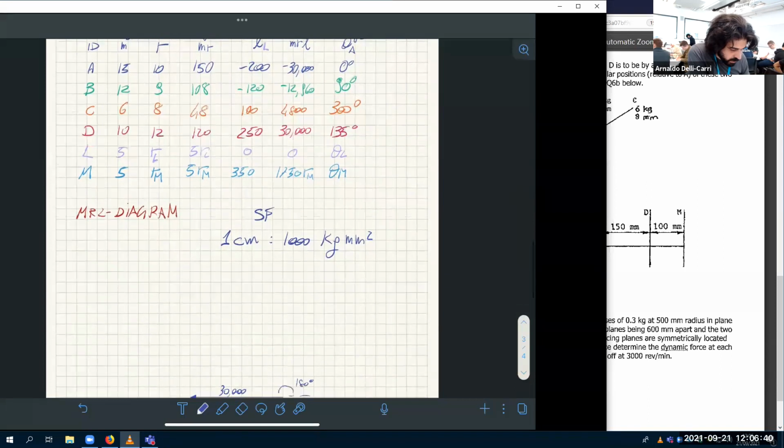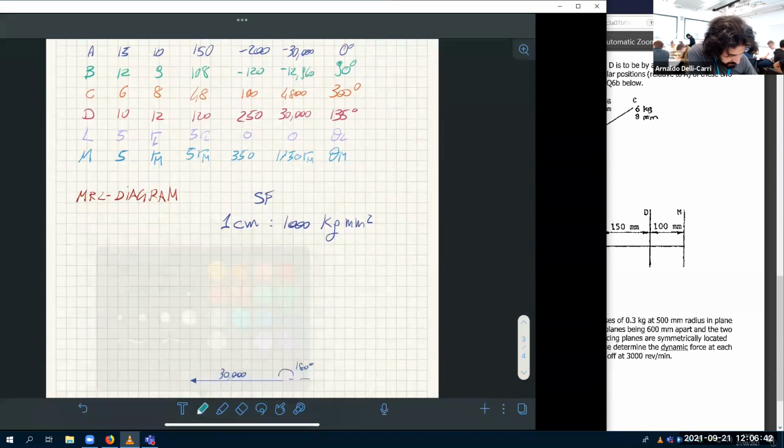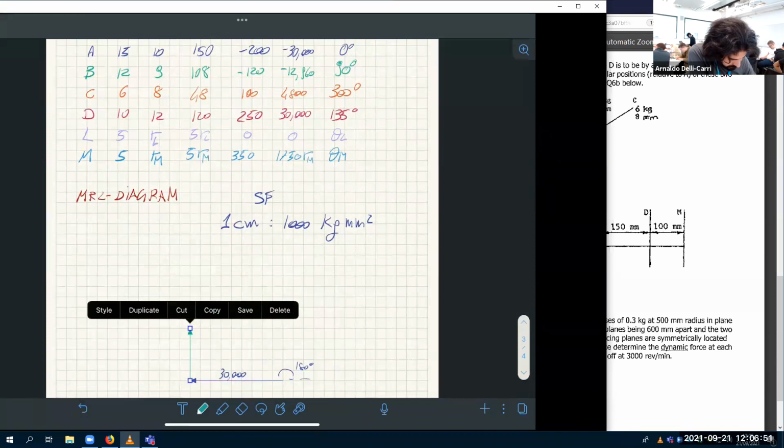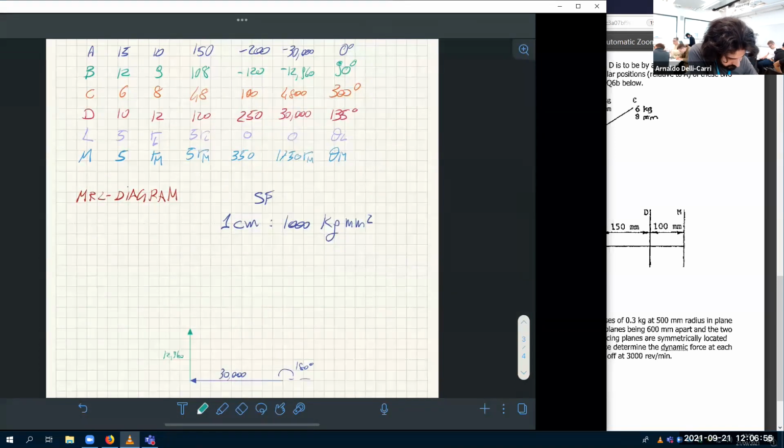Then you have 12,960. So let's say half as much. At 90 degrees. Then you have a 4,800 at 300 degrees.